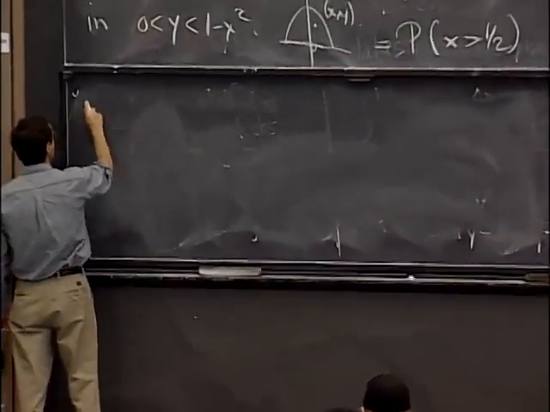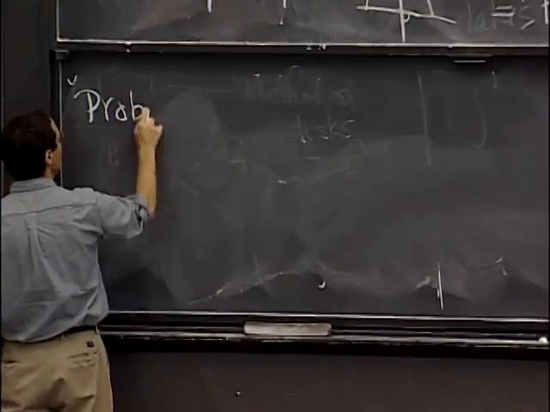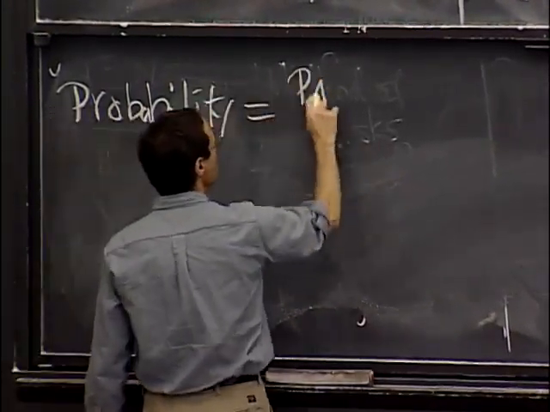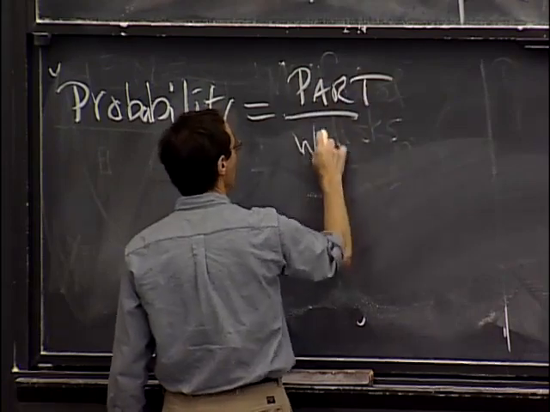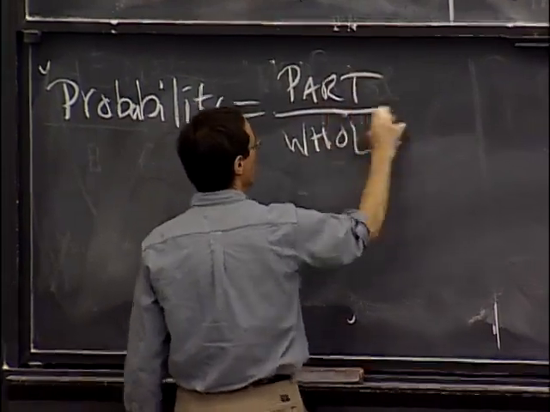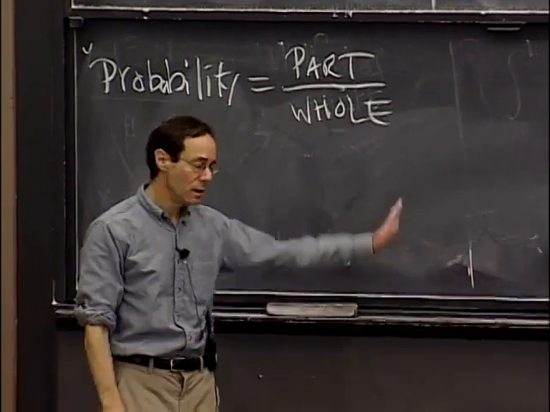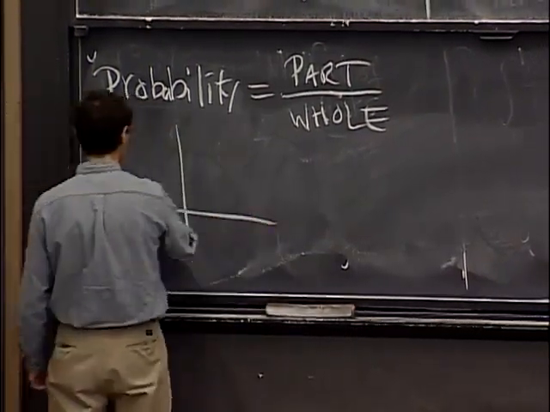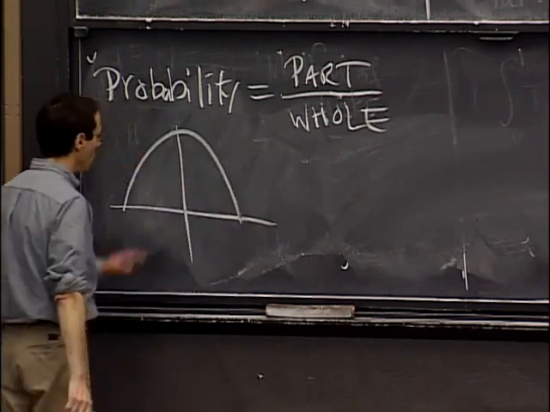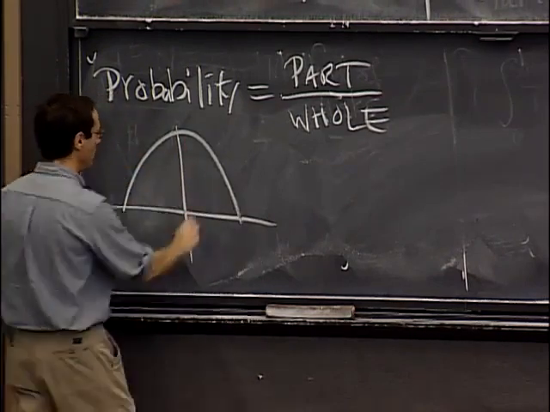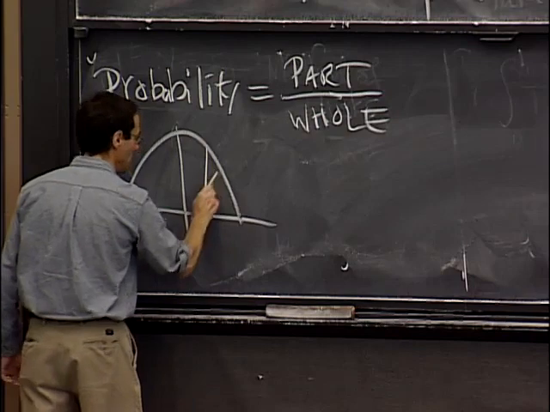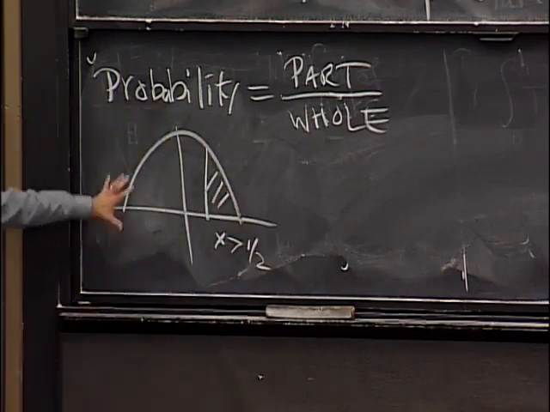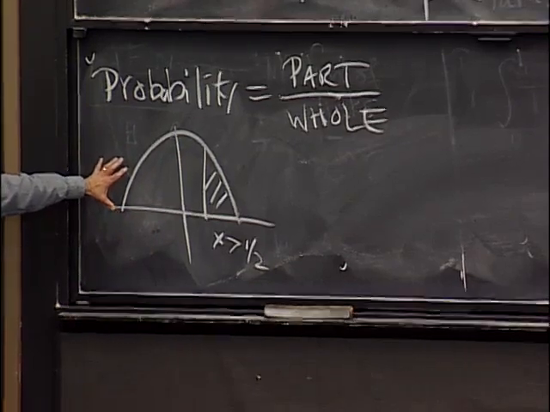And what it is, the probability is always equal to the part divided by the whole. It's a ratio just like the one over there. And which is the part and which is the whole? Well, in this picture, the whole is the whole parabola, and the part is the section, x bigger than 1/2. And it's just the ratio of those two areas.